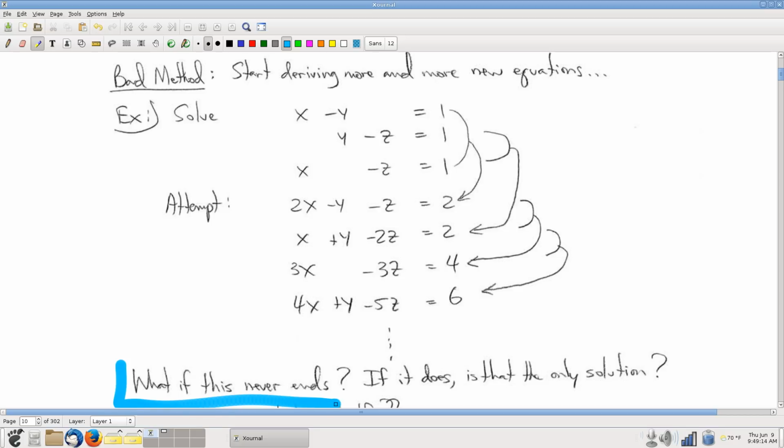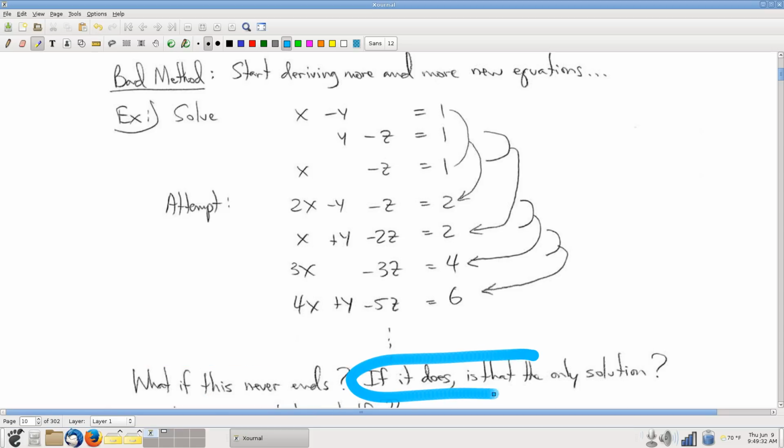It was never addressed how I would know that this process would necessarily ever end. How would I know? It's not immediately clear whether it would or would not ever end. If it does end and you get a solution, how do you know that's the only solution? Well, that was never addressed either.